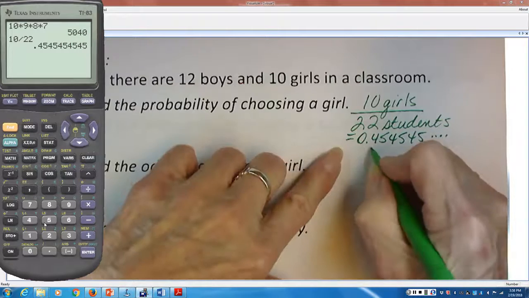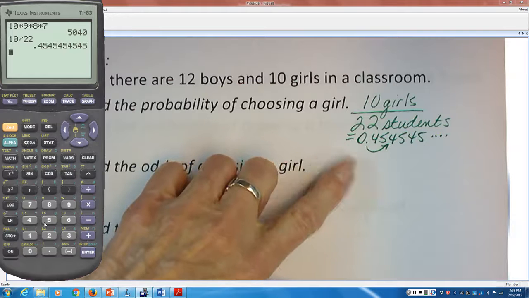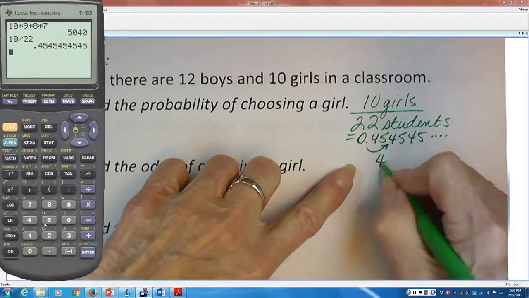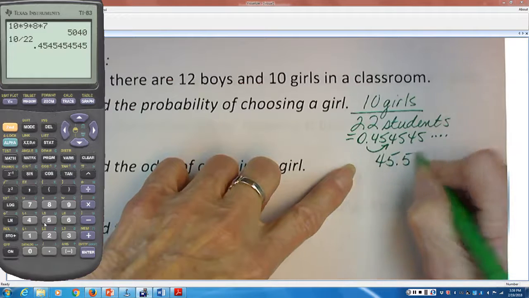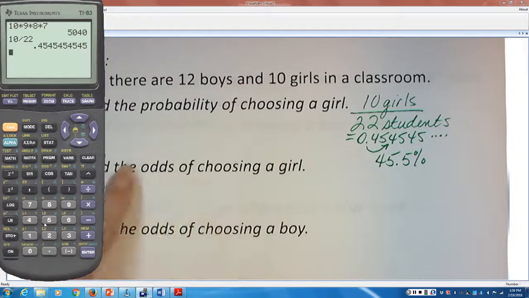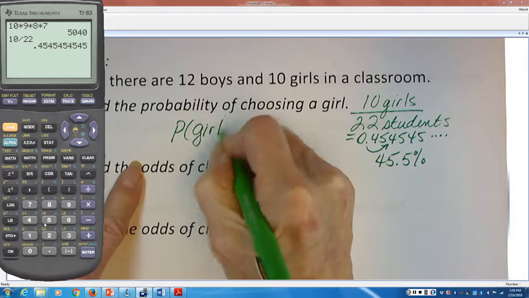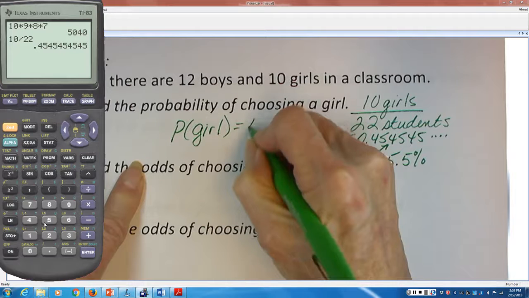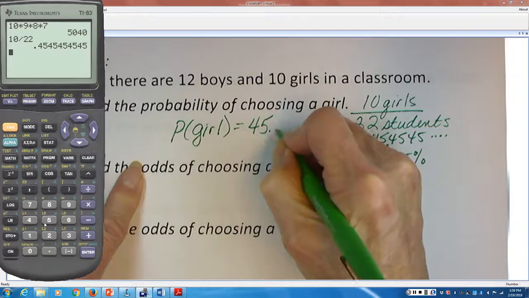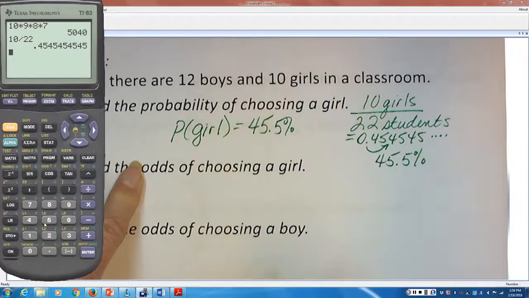And if we change that to a percentage and round to one decimal, then the probability of choosing a girl is 45.5%. And you kind of have a sense of what that means. There's a pretty good chance you'll choose a girl. There's a better chance you'll choose a boy, but there's a pretty good chance you'll choose a girl.